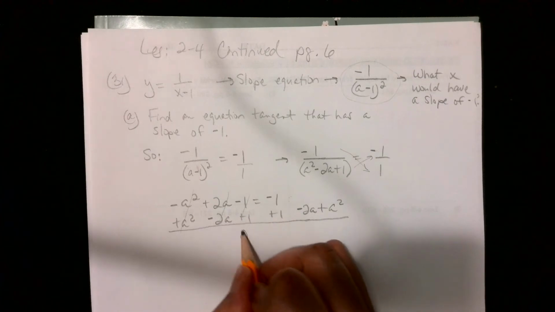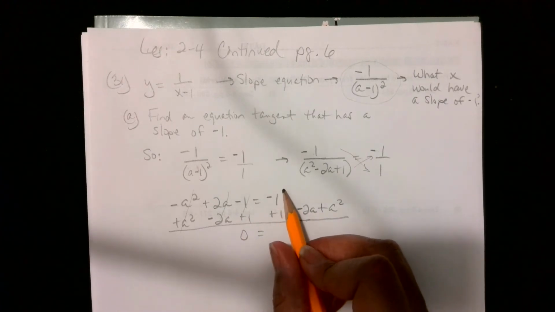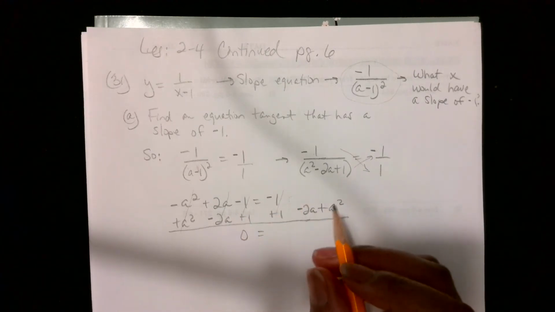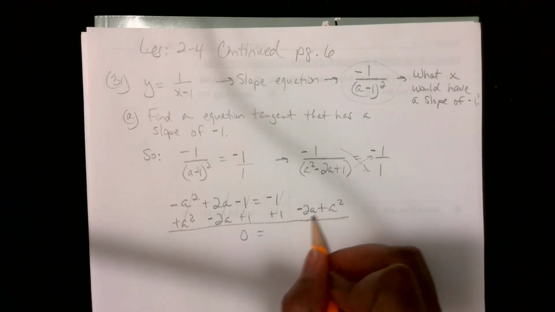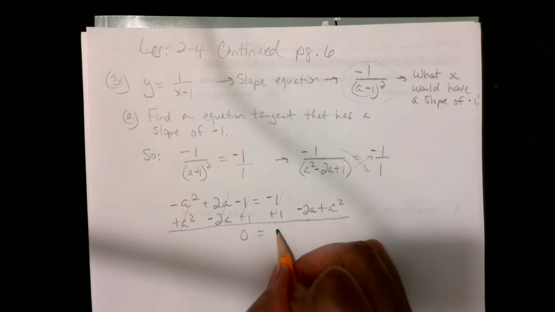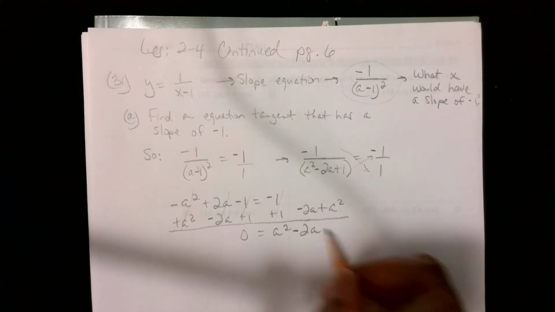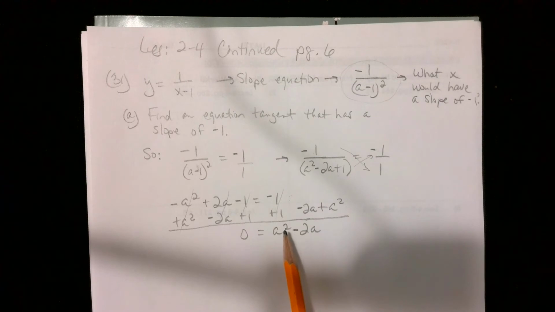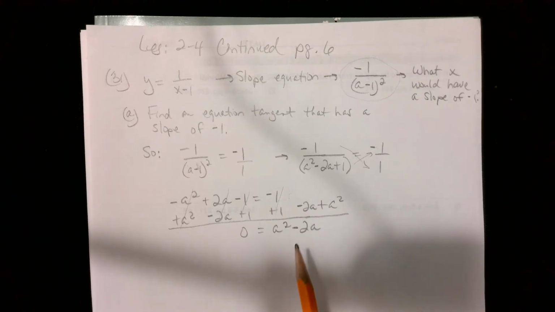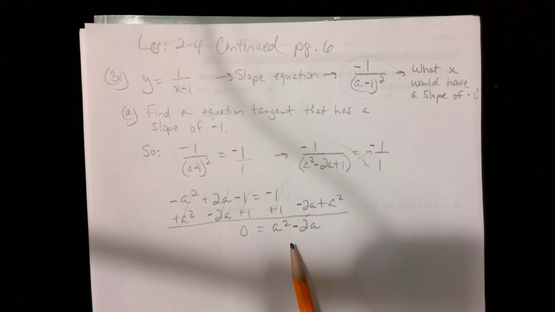So that equals 0. And then that actually leads us to, and I'm going to put it in standard form. So I'm going to put a squared minus 2a. I'm going to put my degree first. Alright, so we have no c term.